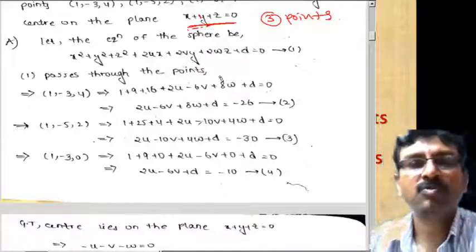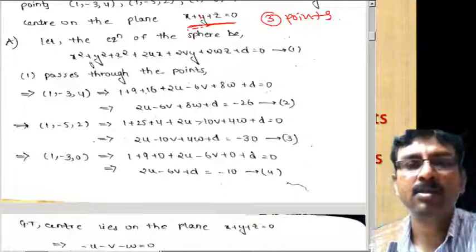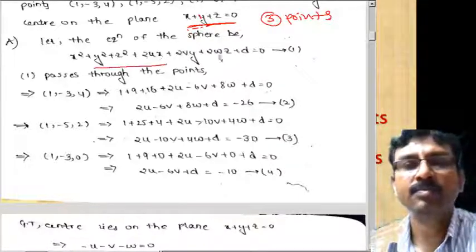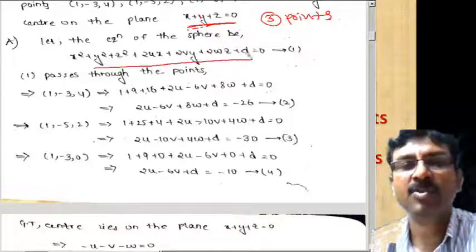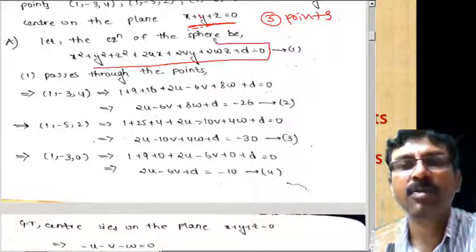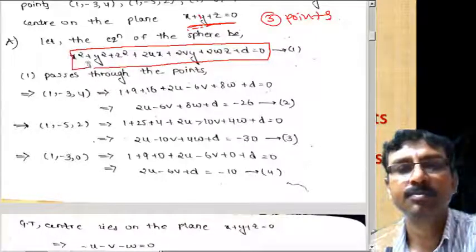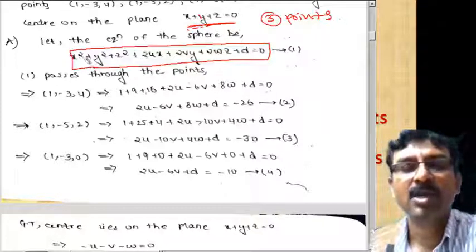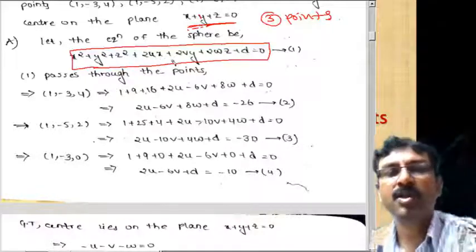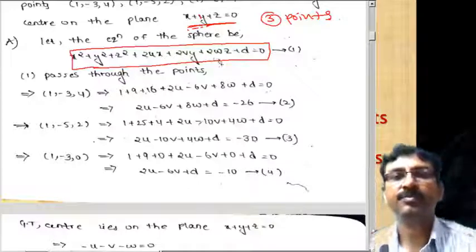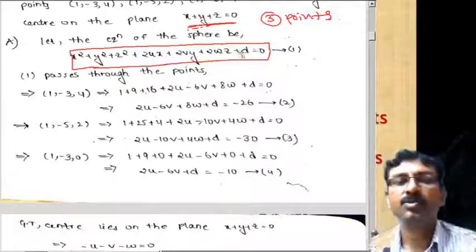So as usual, we are taking the equation of the sphere in general form, that is x square plus y square plus z square plus 2ux plus 2vy plus 2wz plus d equal to 0.